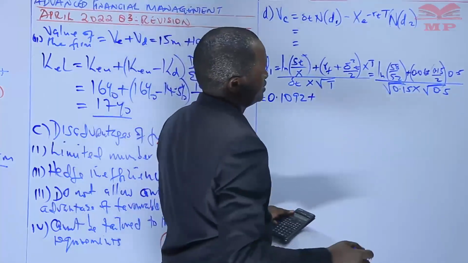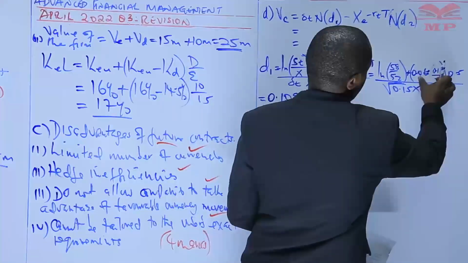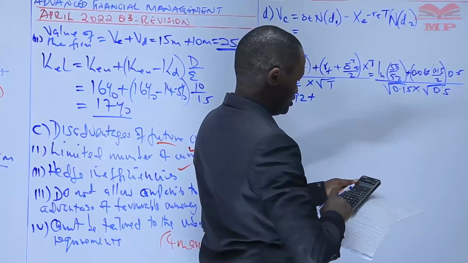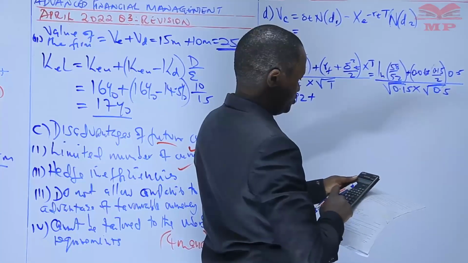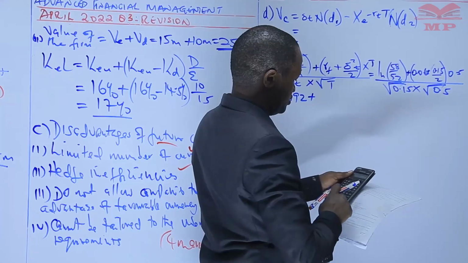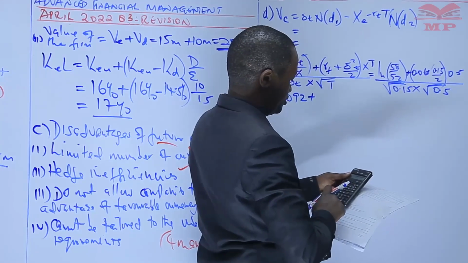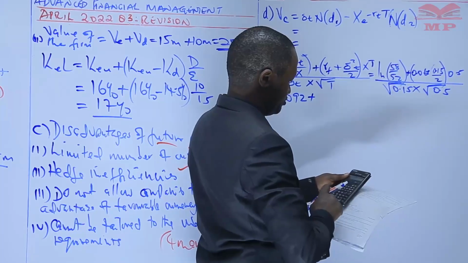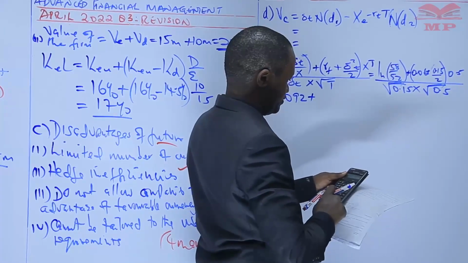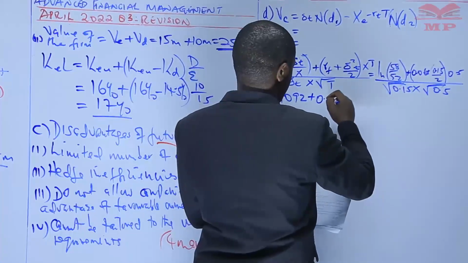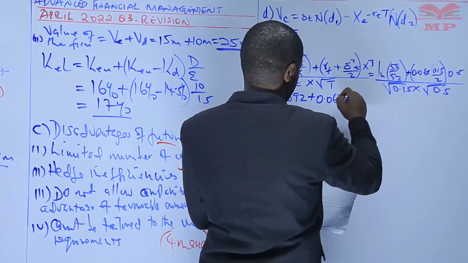Plus, we remove this bracket, that is 0.15 divided by 2 plus 0.06, times 0.5. This is 0.0675.